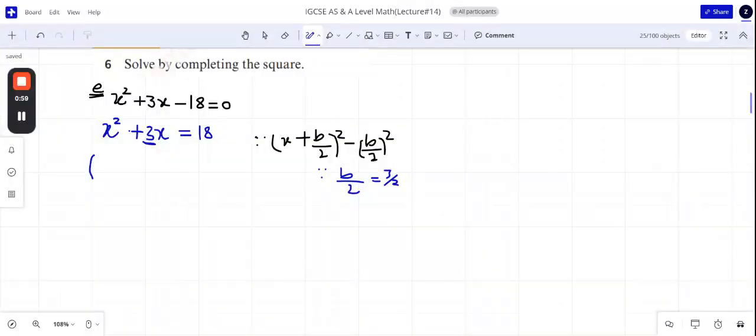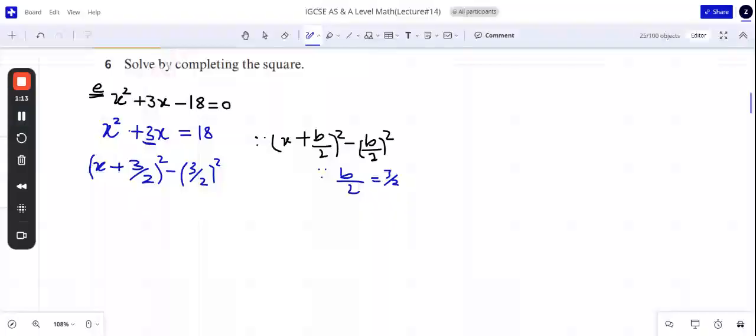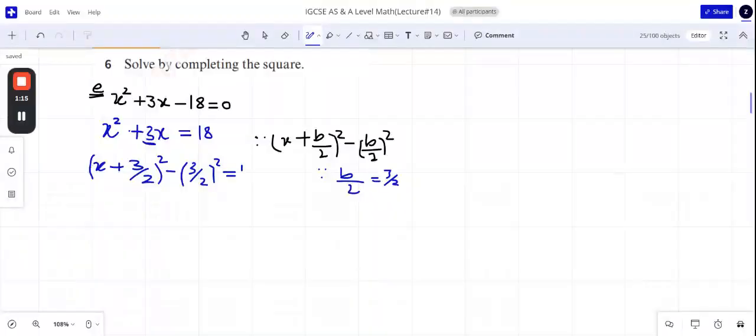Now let's substitute the values in the formula. It would be x plus 3 by 2 whole square minus 3 by 2 whole square equals to 18.